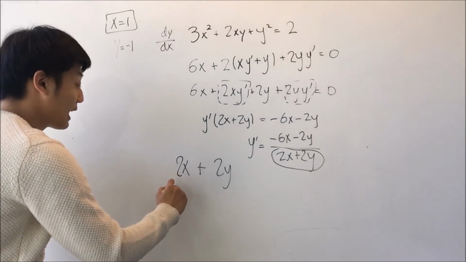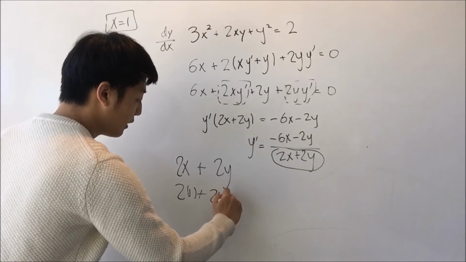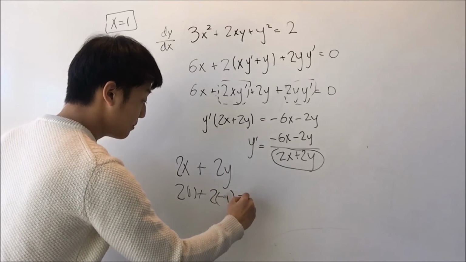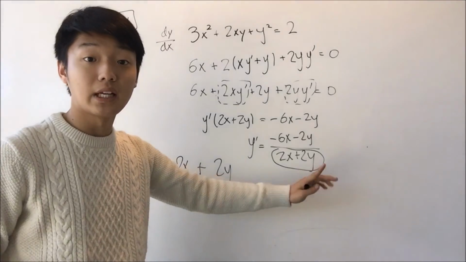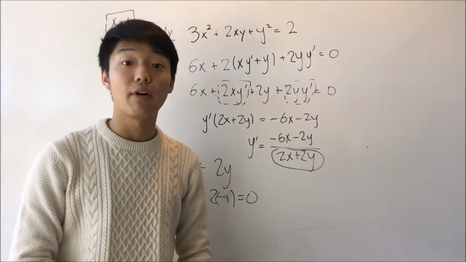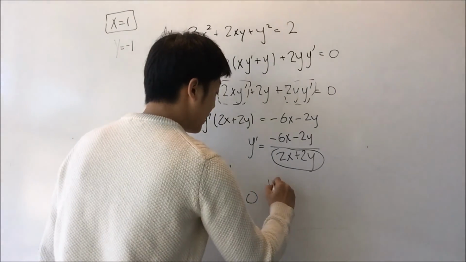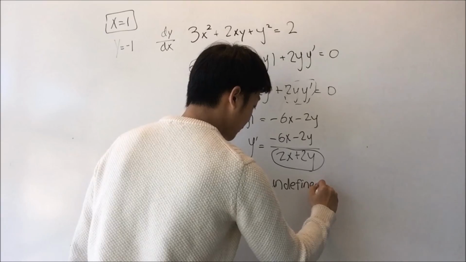If we plug in x equal to 1 plus y equal to negative 1, it will become 0, right? And then when 0 is at the denominator at the bottom, the answer is undefined. So the answer for number 5 will be undefined, which is E.